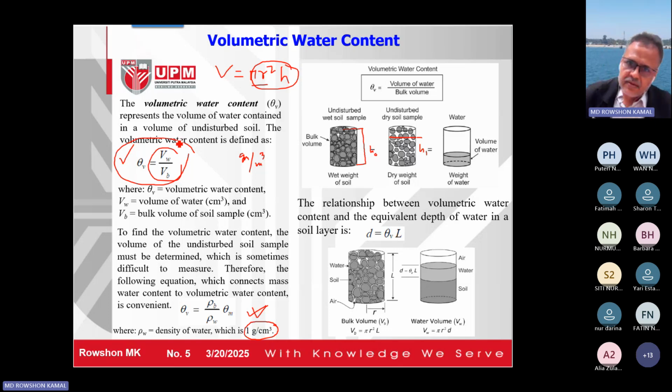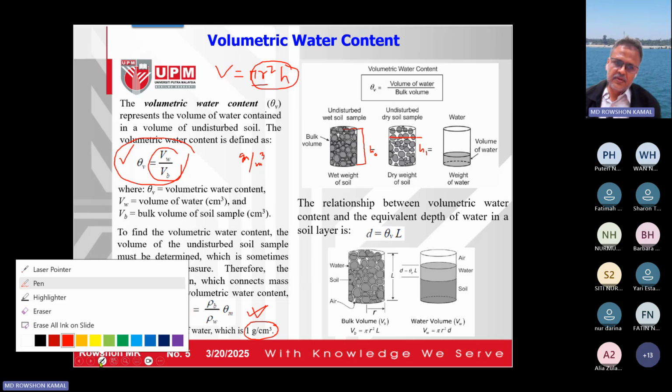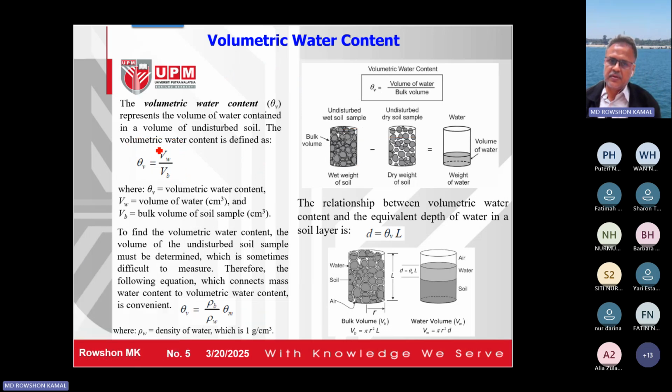So once you get the theta b, okay, so this is the theta b issue. Okay, simply you can determine either this, or if you know theta m and the bulk density of soil, then you can find the volumetric moisture content of soil.